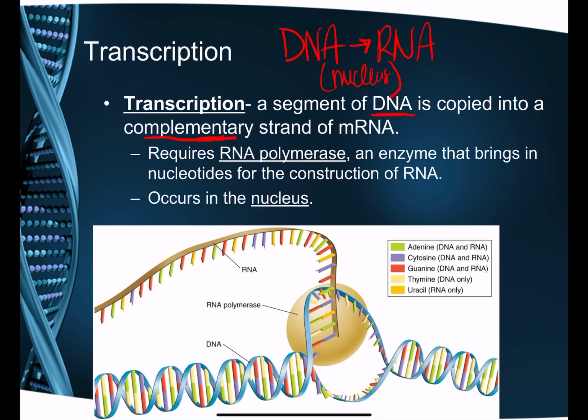And what I mean by complementary is it's the base pair. Okay? So, if I have a set of DNA that says A, T, A, T, T, G, C, I'm going to make an mRNA strand that is complementary to that. So it's going to have the opposite base. If it's got an A, it's going to have a T on the mRNA.